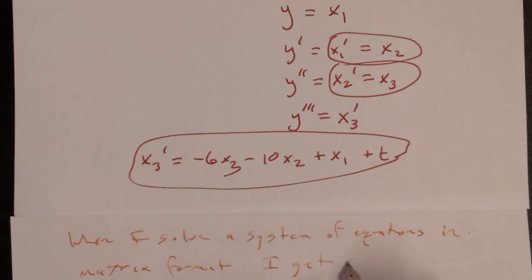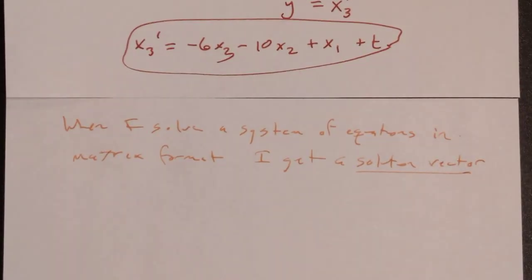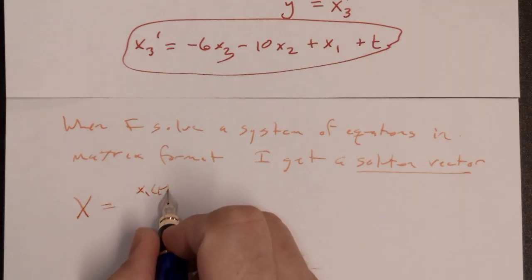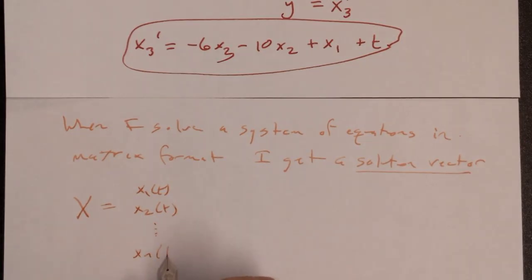I get a solution vector. And that solution vector is a vector whose bits are functions. That's our x vector. I beg your pardon? Oh, that's the vector x1 of t, x2 of t, all the way down to xn of t.